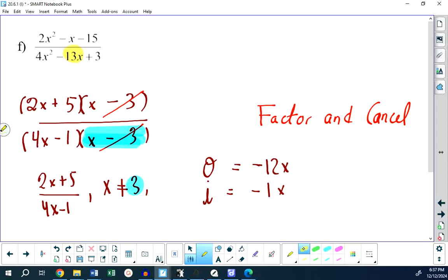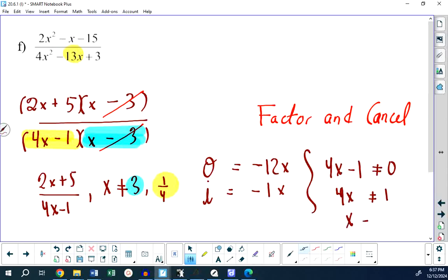To go from 4x minus 1 to x is not allowed to be 1/4 is maybe less obvious. What I'm doing there is simply saying 4x minus 1 is not allowed to be 0. I add 1 to both sides, and I divide both sides by 4, and I get x is not allowed to be 1/4.